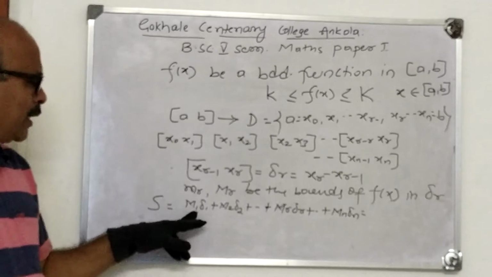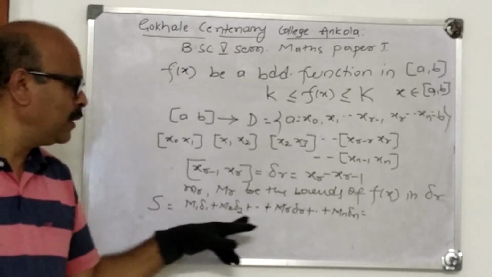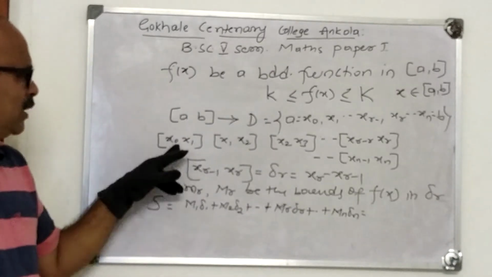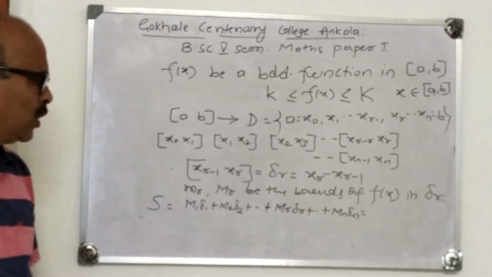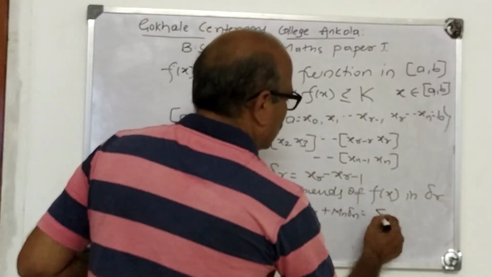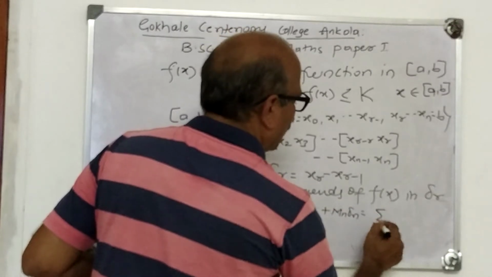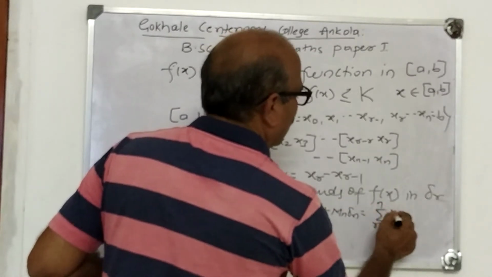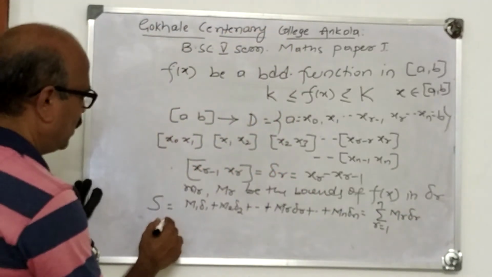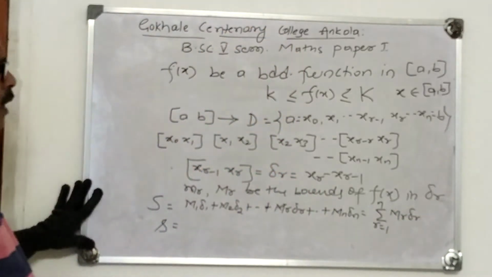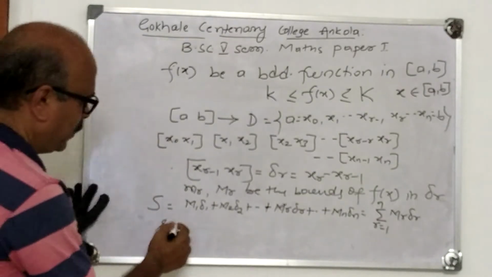What is this? Capital M1, M2 all are upper bounds. M1 is the upper bound in the first interval, M2 is the upper bound in the second subinterval, and so on. Now this is sigma r equal to 1 to n of capital Mr delta r, and we denote this sum by capital S. And the other sum we denote by small s.